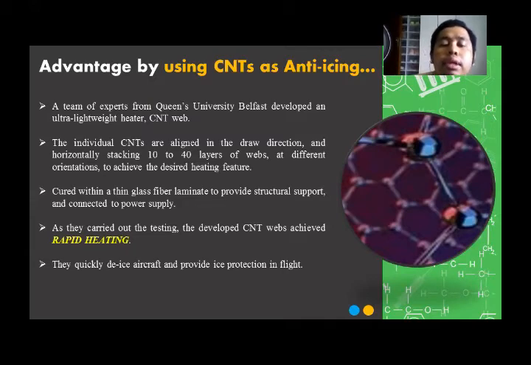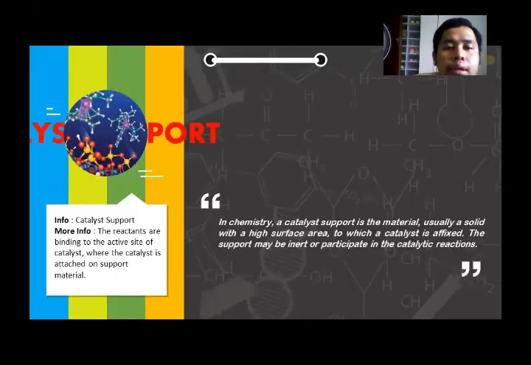We also tune within a thin glass fiber laminate to provide the structural support, and connect it to a power supply. As a result, the developed CNT web achieves rapid heating, where it can quickly de-ice the aircraft and provide ice protection in flight.